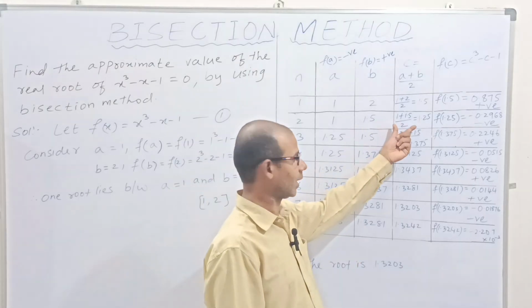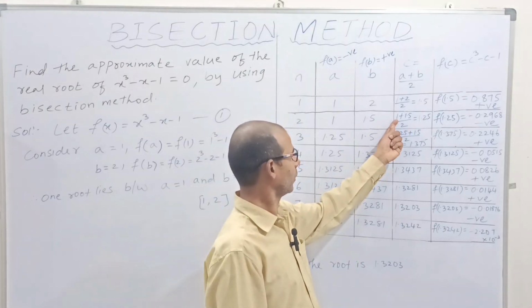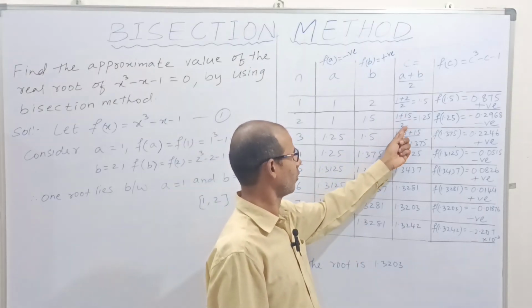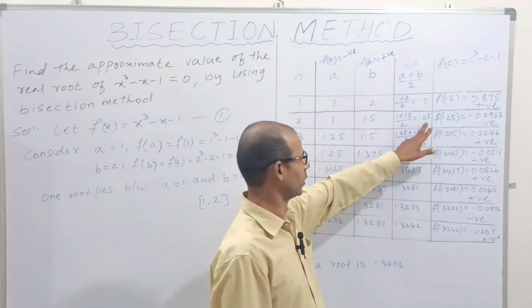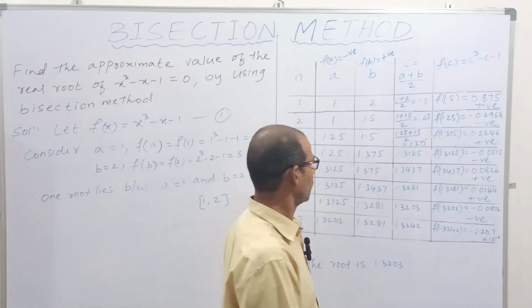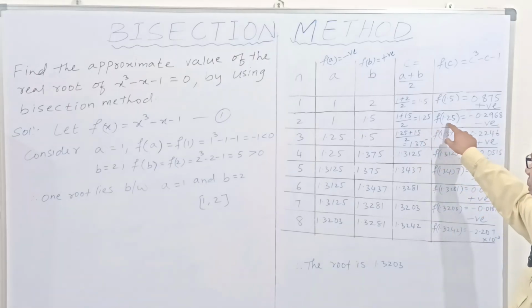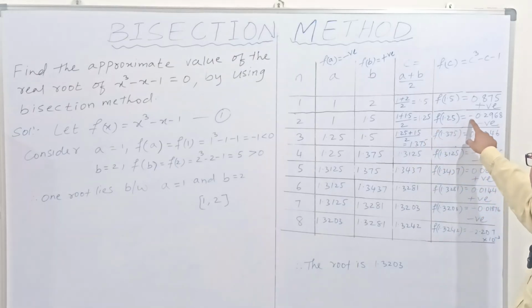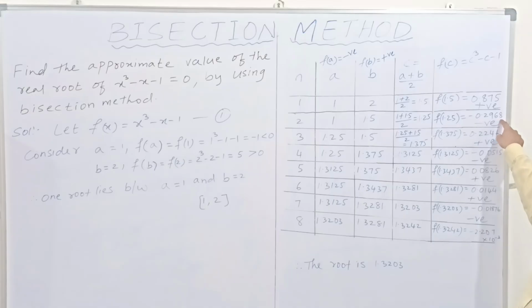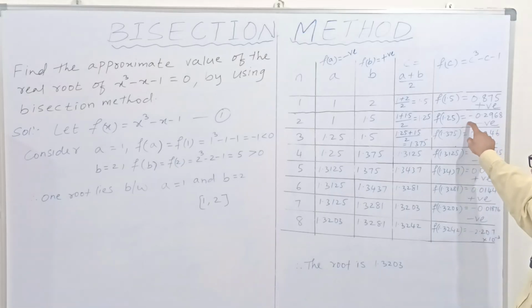Now go for the second iteration. So c is equal to 1 plus 1.5 by 2. So that is equal to 1.25. Okay. So now the function value at 1.25 is equal to minus 0.2968. So we got the function value as negative.